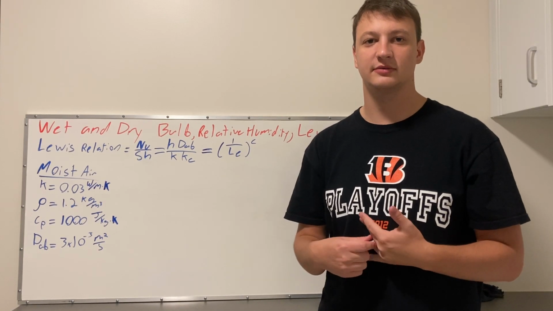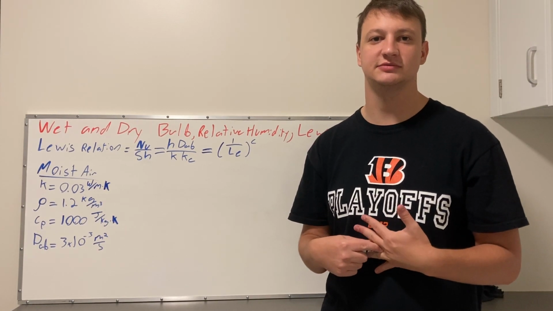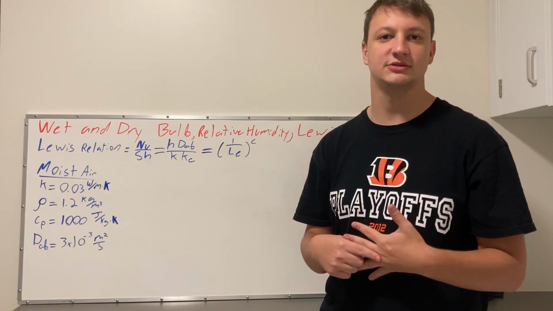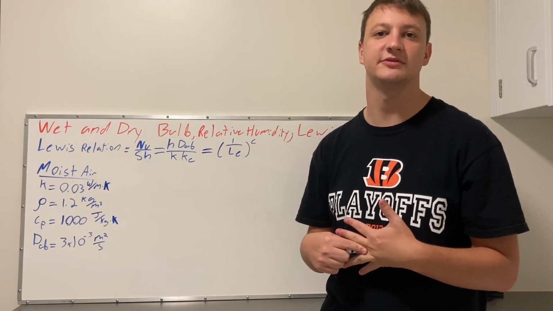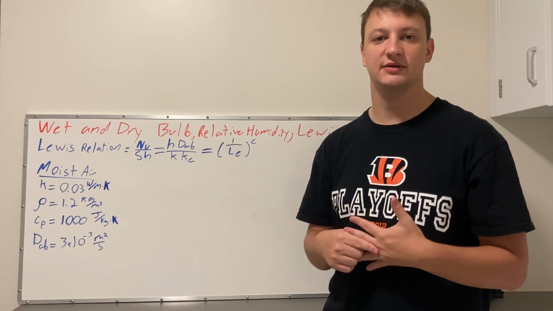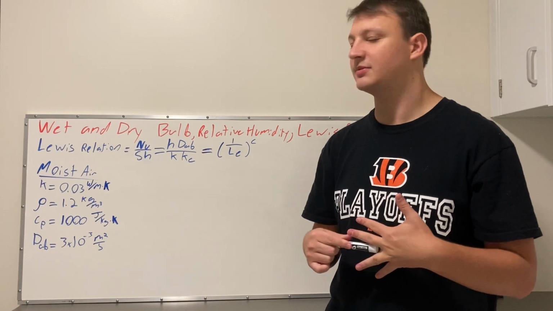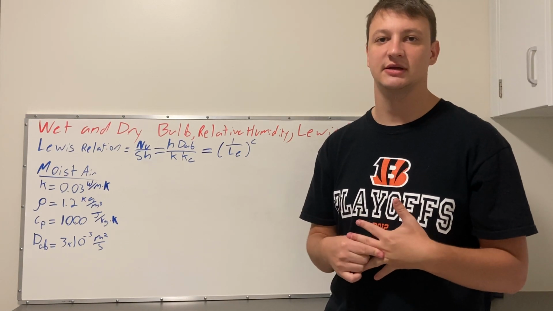For the second part, we're looking again at the Lewis relationship. However, this time we're looking at it with the wet bulb and dry bulb temperatures as well as relative humidity. To understand how those concepts go together, we're going to look at the wet bulb, dry bulb, and relative humidity first.